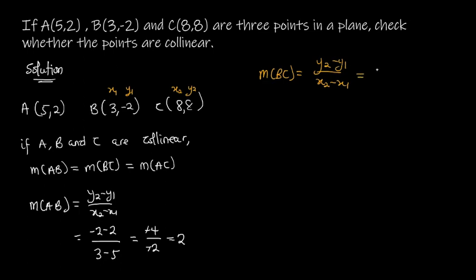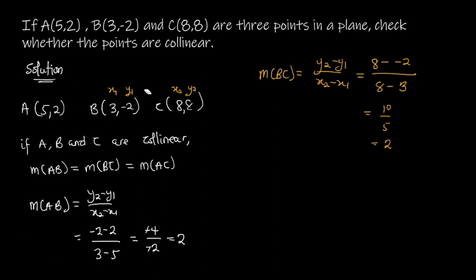So this is equal to my y2 is 8 over here, as you can see, so I have 8 here, minus my y1 is minus 2, so I have minus 2, on my x2 is also 8, minus my x1 is 3. So this is equal to, at the top I'm going to have 8 plus 2, and that will give me a 10. On the bottom here, 8 minus 3 will give me a 5, and 10 on 5 will give me 2 as my answer.